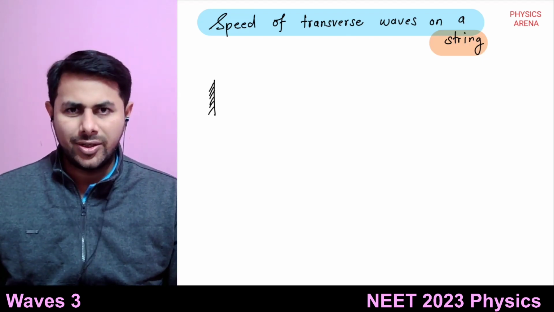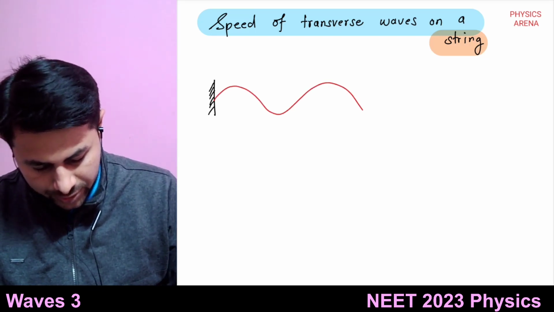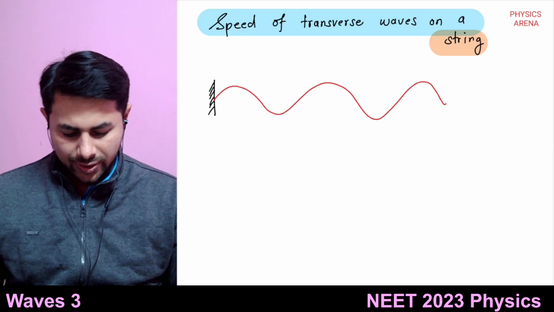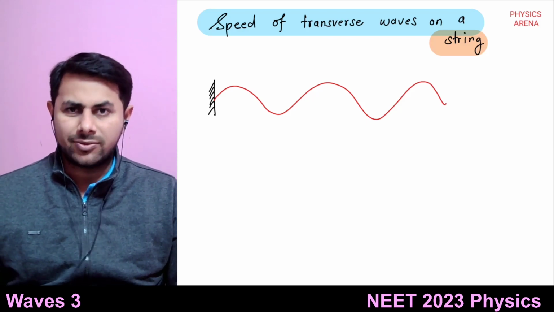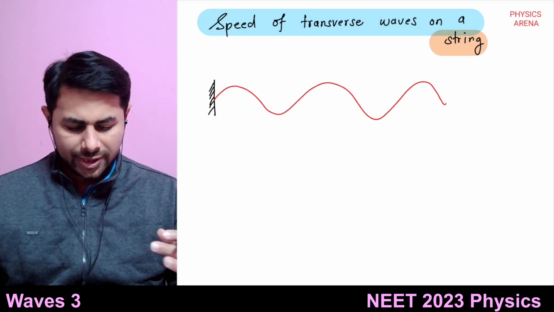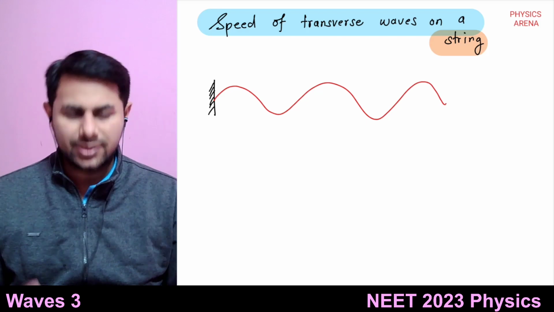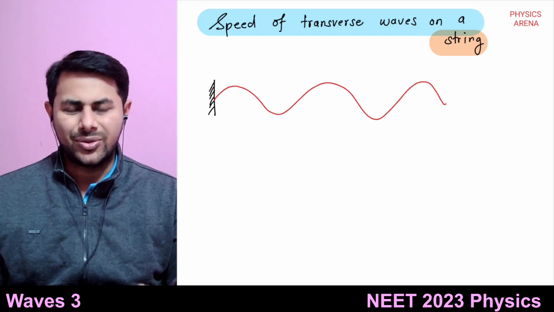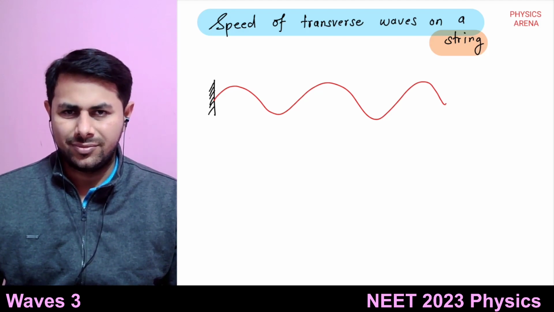Transverse waves are formed on the string, and let's suppose these are the transverse waves. There will be some speed of the transverse waves, right? That speed will depend on two things. The first is the inertia of the medium, and the second is the restoring force developed in the medium.